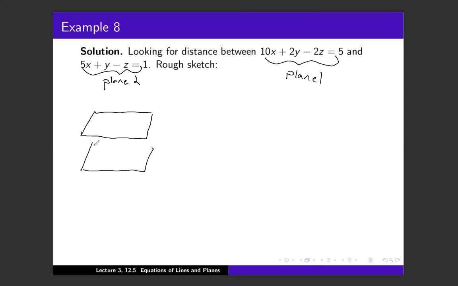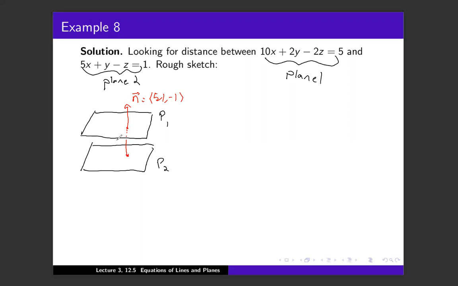I'm going to draw it like this. And we know that the normal vectors are the same, so we still have that. Here's n. In both cases, we can take n to be 5, 1, -1.